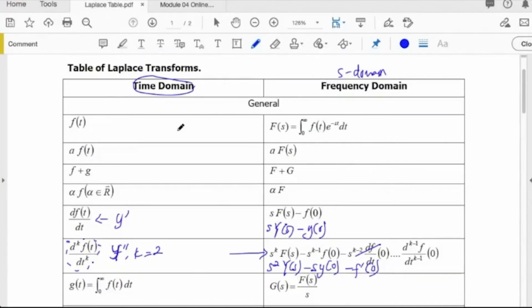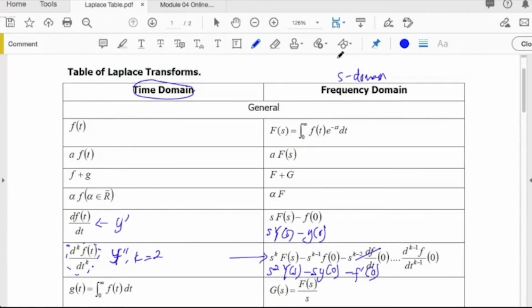Okay, so when you do inverse Laplace, the way you look at the table is you look from your right hand side to your left hand side. Okay, so that is how you look if you apply inverse Laplace transformations.